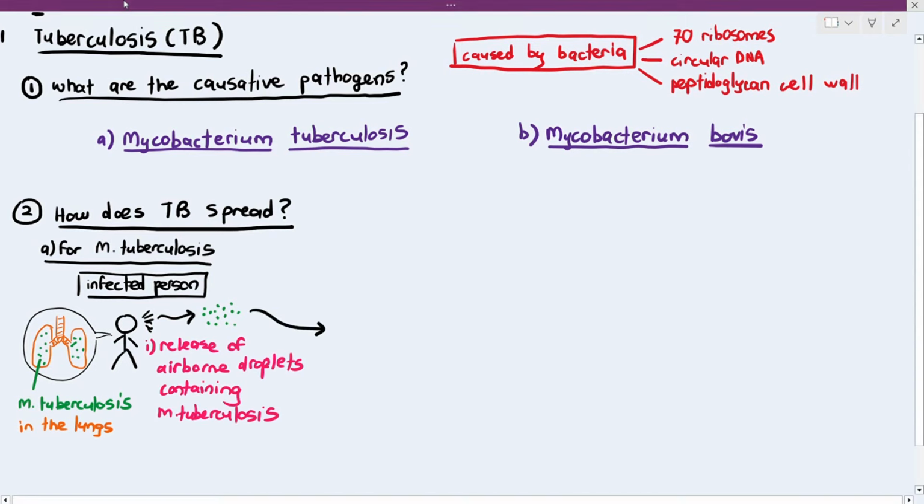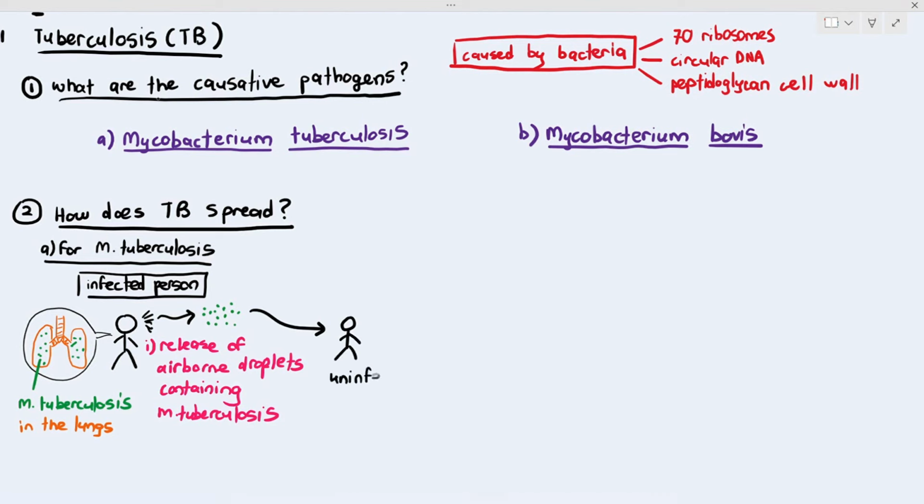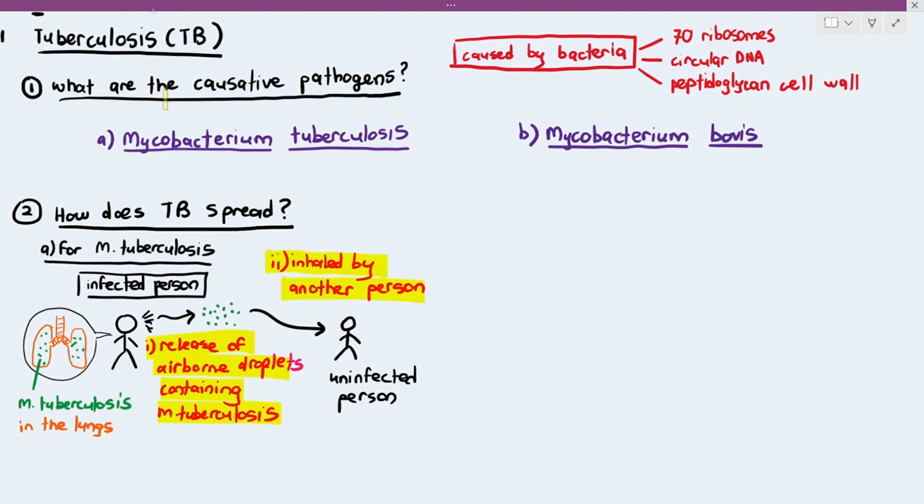And these droplets are then inhaled by the uninfected person. So if a question asks you in the exam, how does M. tuberculosis spread? You have to be a bit specific. You have to say the release of airborne droplets containing the pathogen or M. tuberculosis, which are inhaled by another person.